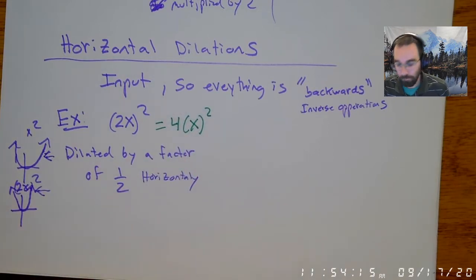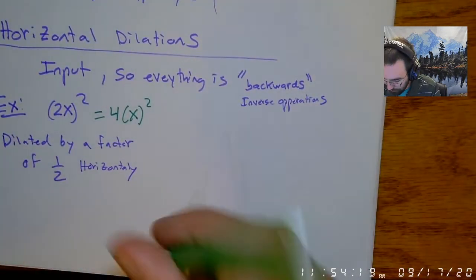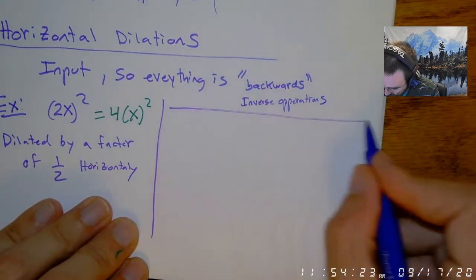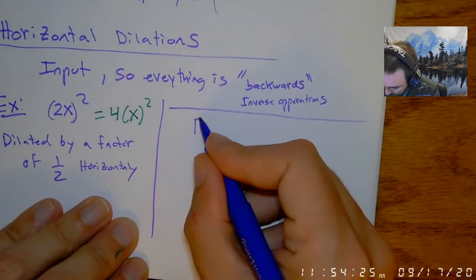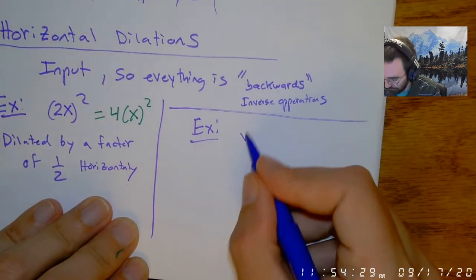Okay. And then most importantly, I want to do one that tricks a lot of people. And that is, let's do a square root. We haven't done a square root.